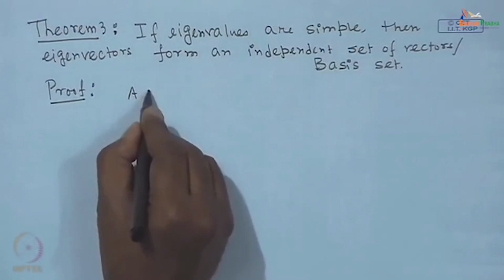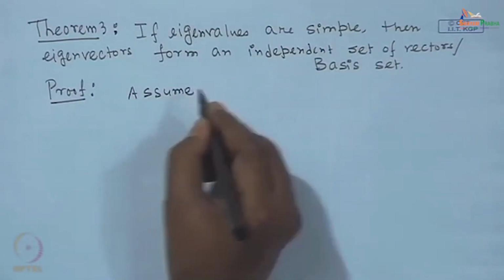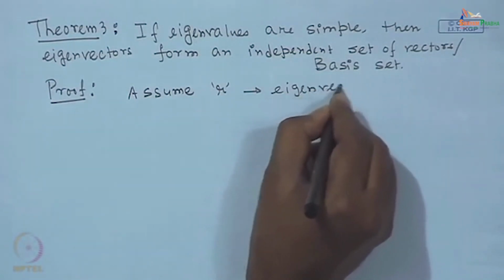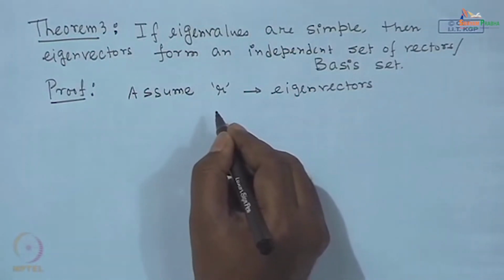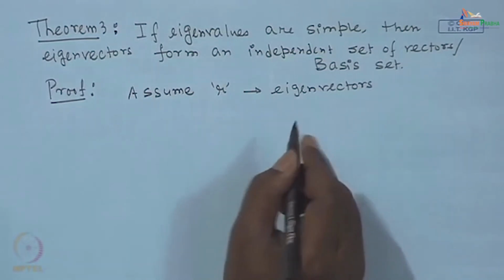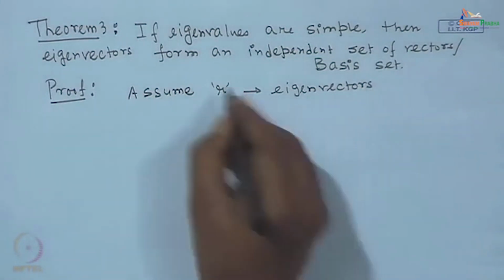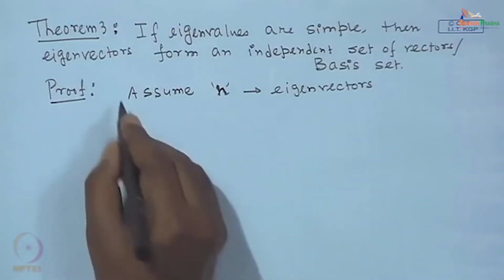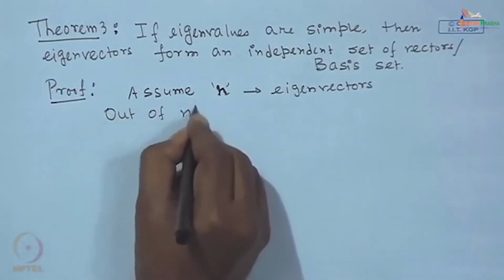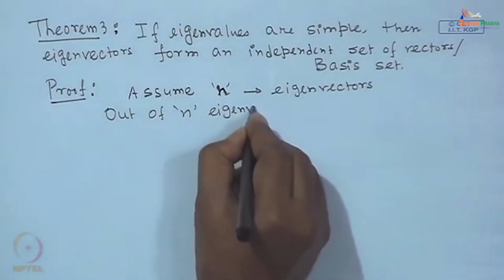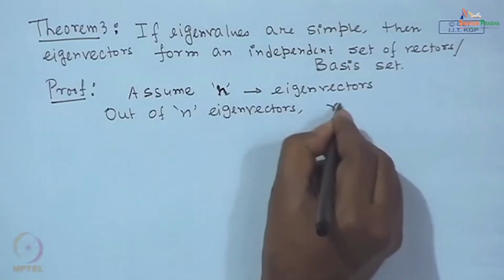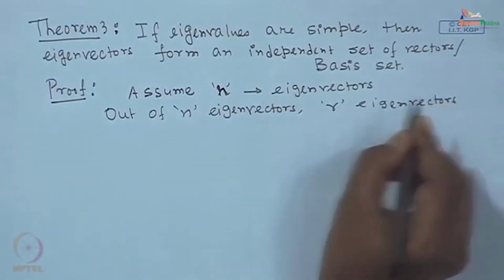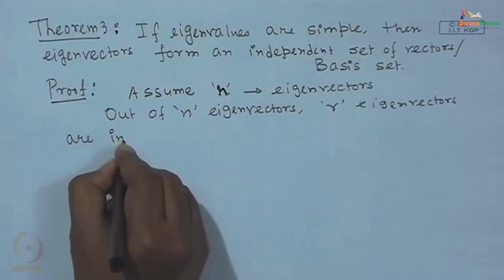We assume that in a system there are n eigenvectors of a matrix, and out of these n eigenvectors, r eigenvectors are independent.